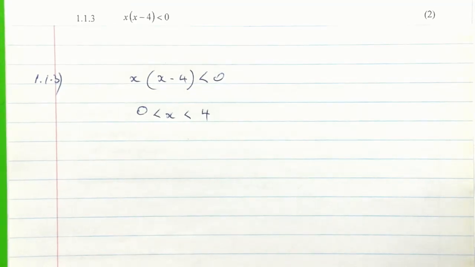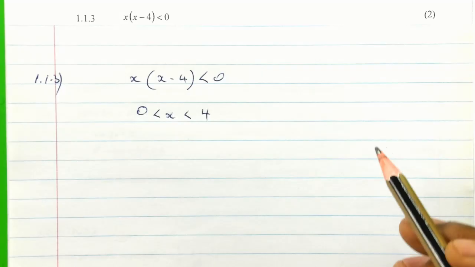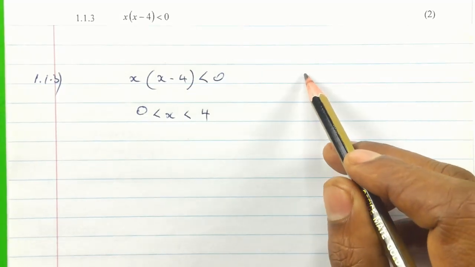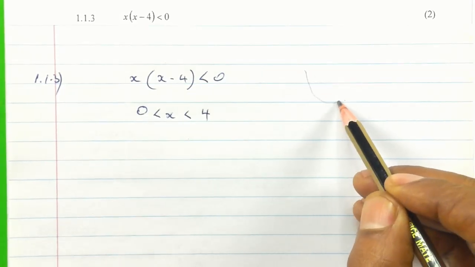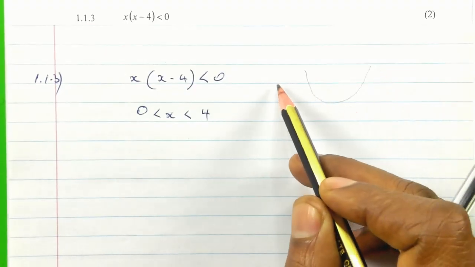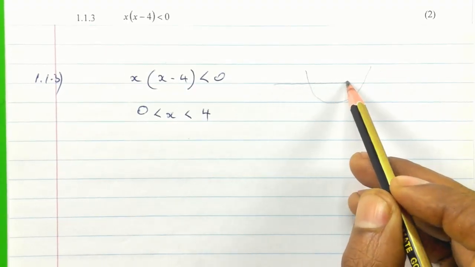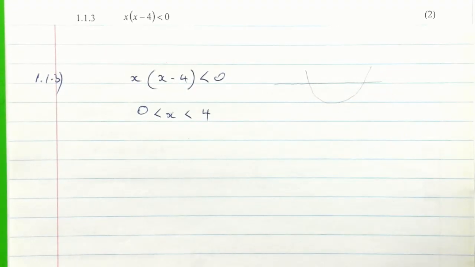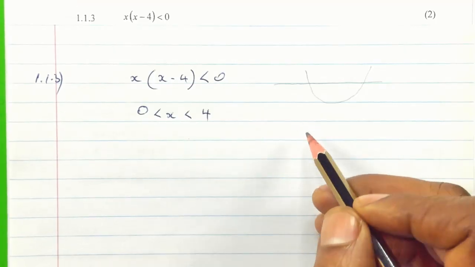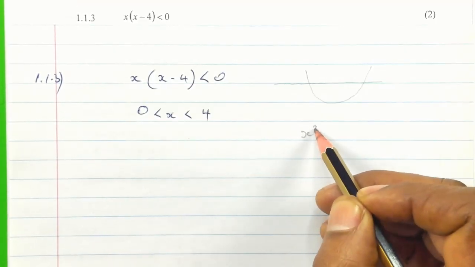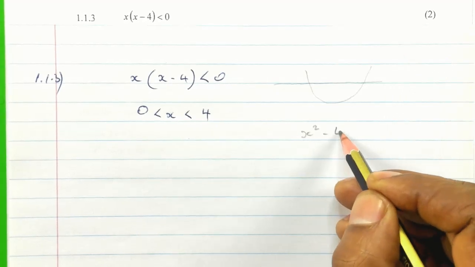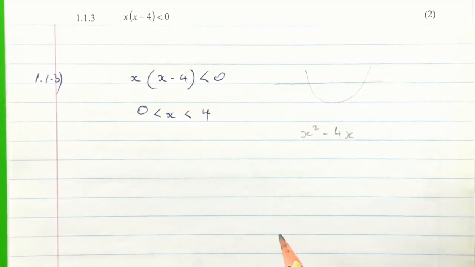That's all. Few seconds. Right, now if I can just demonstrate this, I'm just redoing this. So if this is my x squared minus 4x, what's going to happen now? This is x squared minus 4x, so it is positive, isn't it?